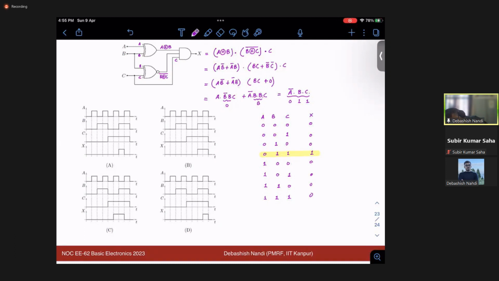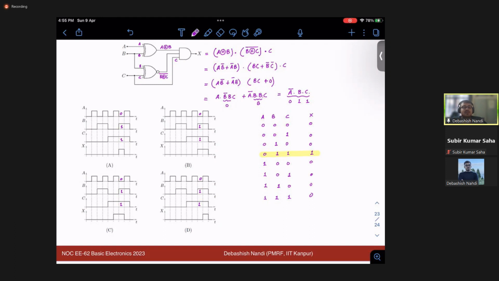Okay. 0, 1, 1. Only at this place we have this 0, 1, 1. Okay. We need to see where only at this place the output is 1 and elsewhere it is 0, right?